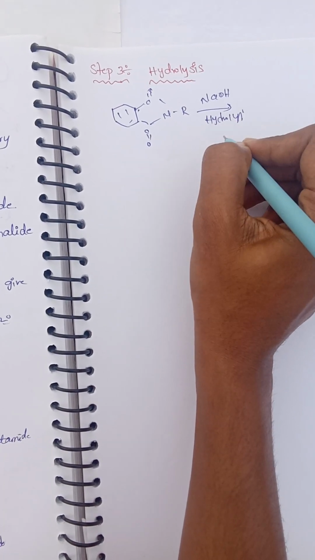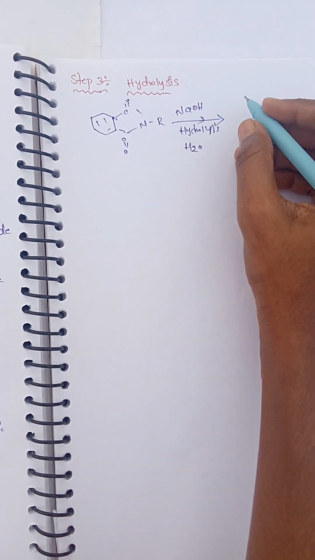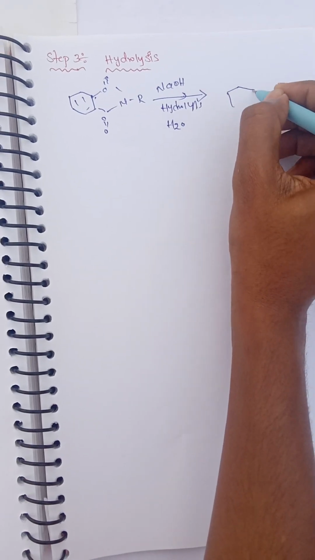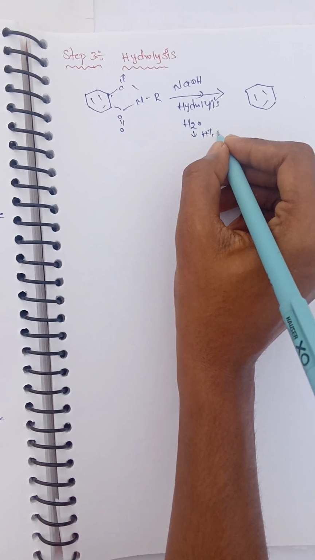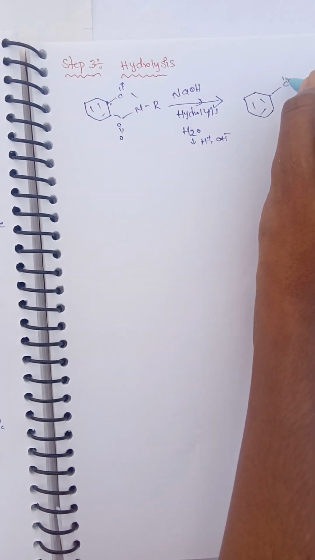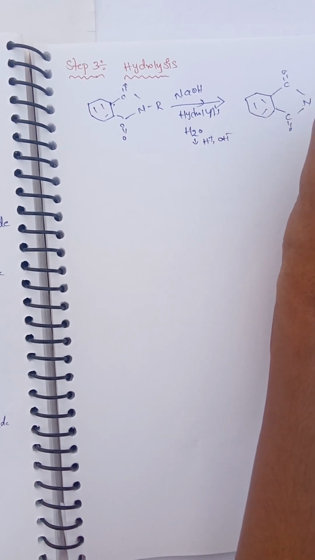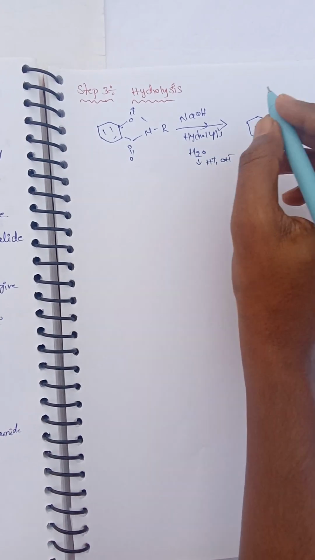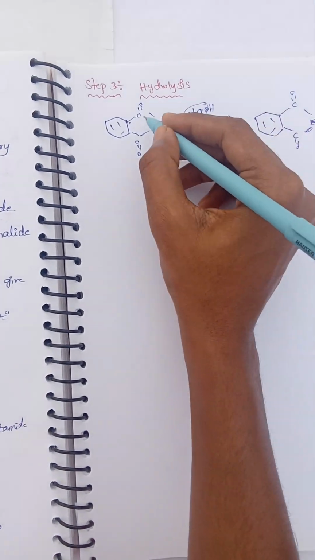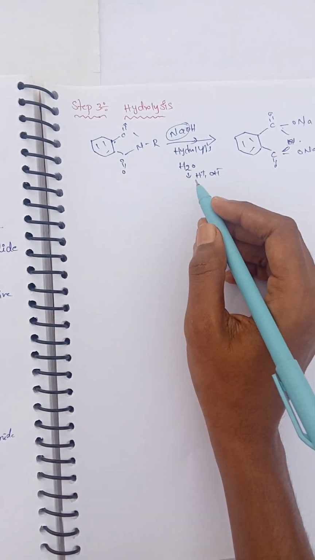Hydrolysis means H2O, which reacts as H plus and OH minus. The product has two C double bond O, ONa groups.